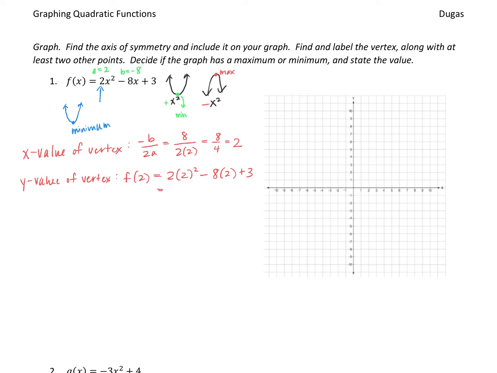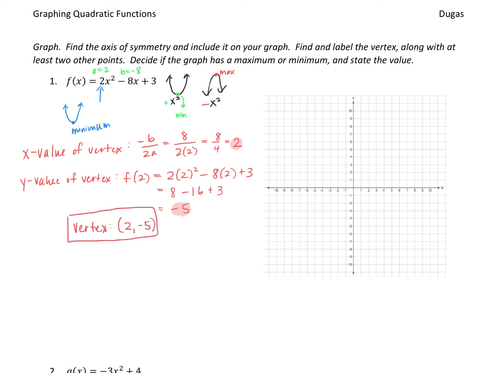So we're going to get 2 squared is 4 times 2 is 8, minus 16, plus 3. So that's going to be negative 5. So we have an x value, we have a y value, so we can put those together as the vertex in an ordered pair. So the vertex is (2, -5).